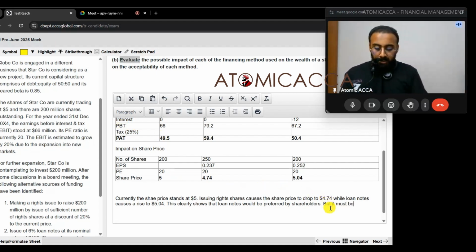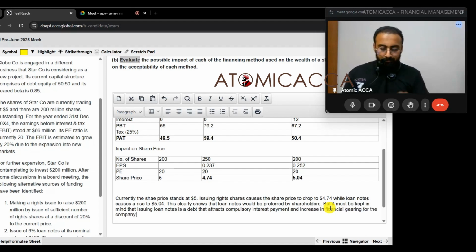But it must be kept in mind that issuing loan notes is a debt that attracts compulsory interest payment and an increase in financial gearing for the company.